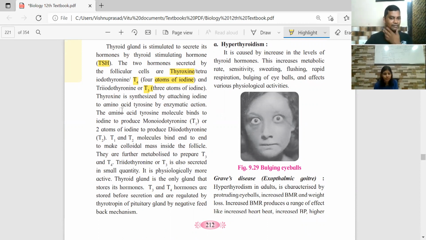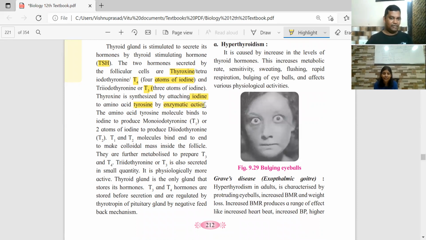Now, how is the thyroxine hormone produced? There is an amino acid called tyrosine, which is attached to iodine, and then the thyroxine hormone is produced. The attachment of the tyrosine amino acid to iodine takes place by enzymatic action.